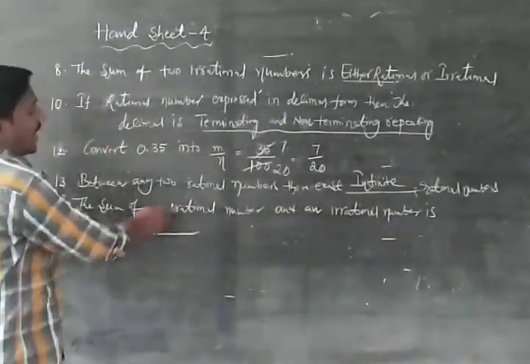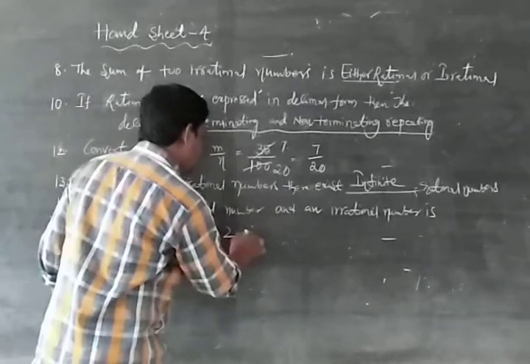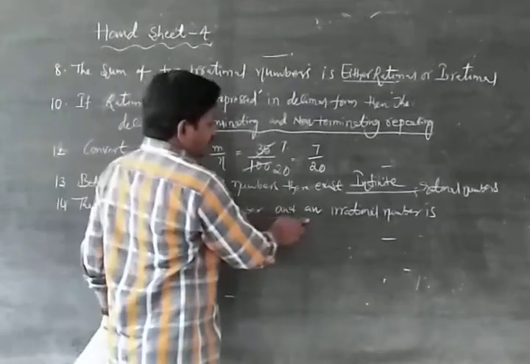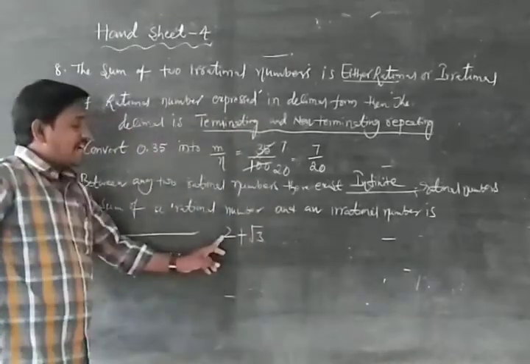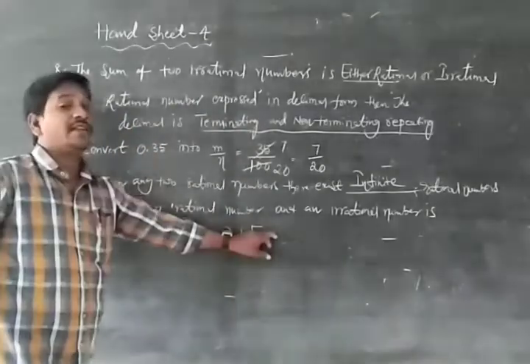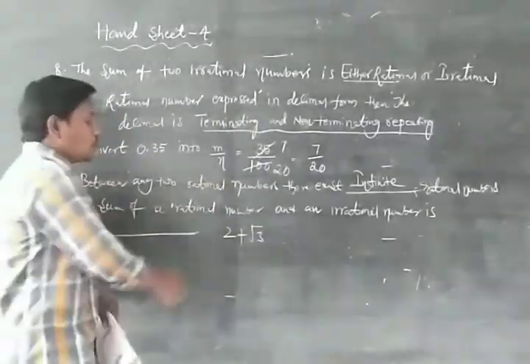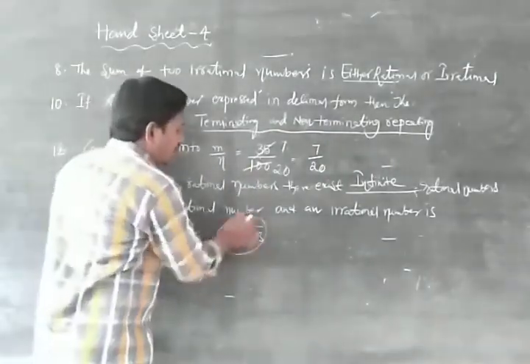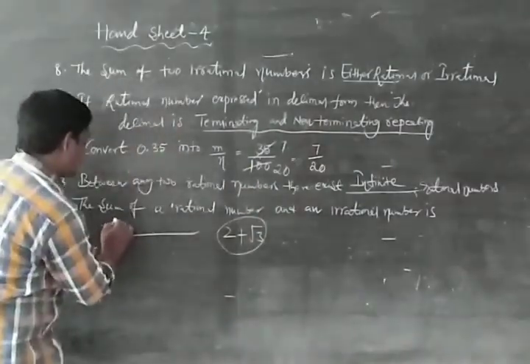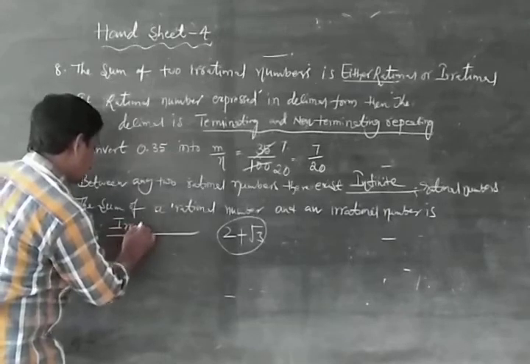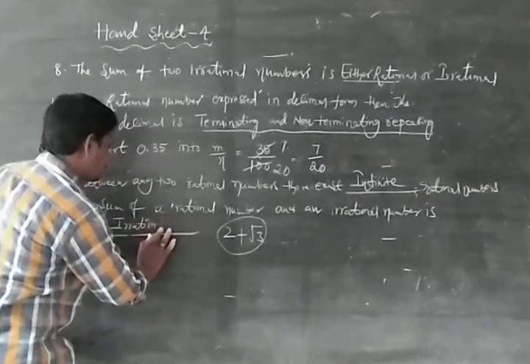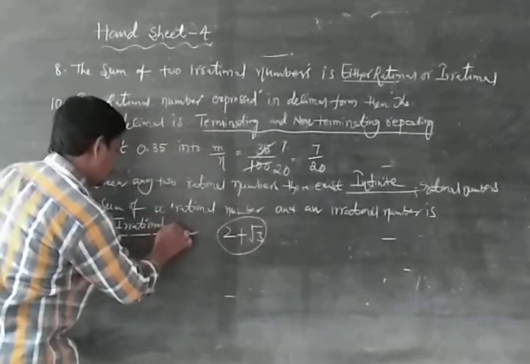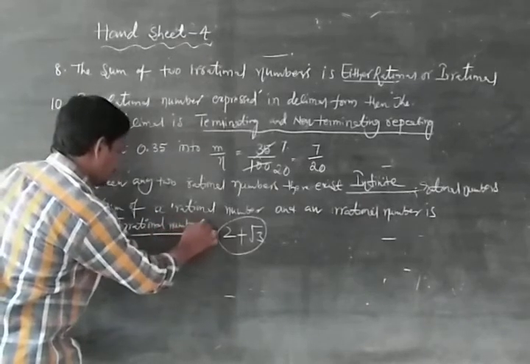For example, 2 is a rational number, and we add an irrational number. The sum of a rational and an irrational number is definitely an irrational number. 2 plus root 3 is an irrational number.